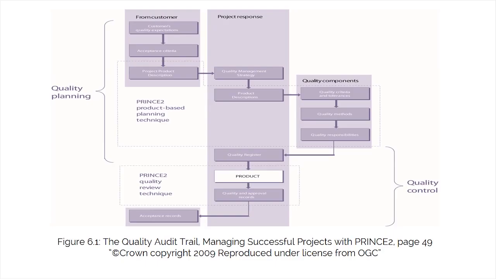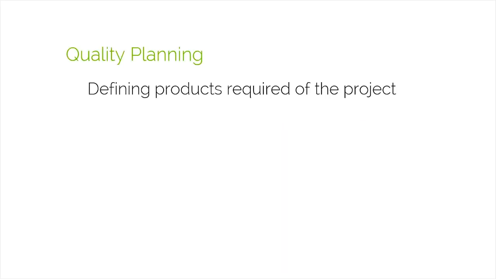As you can see here, there are product-based planning techniques as part of quality planning, as well as quality review techniques as part of quality control. To ensure that the purpose of the quality theme is achieved, there should be quality planning as well as quality control. Quality planning refers to defining the products required of the project with their respective quality criteria, quality methods, and the quality responsibilities of those involved.